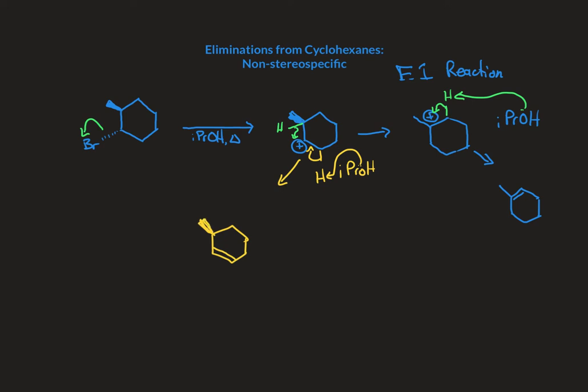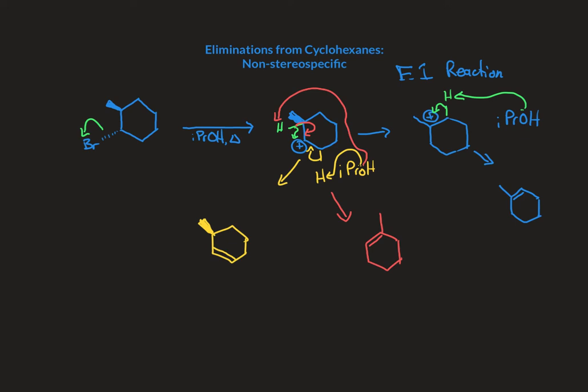In this product, the stereochemistry of the starting material is still there because I haven't rearranged the carbocation, and so I expect that methyl group to still be up. And in a final option, isopropanol could have picked up this hydrogen and done the elimination from here to form this product.